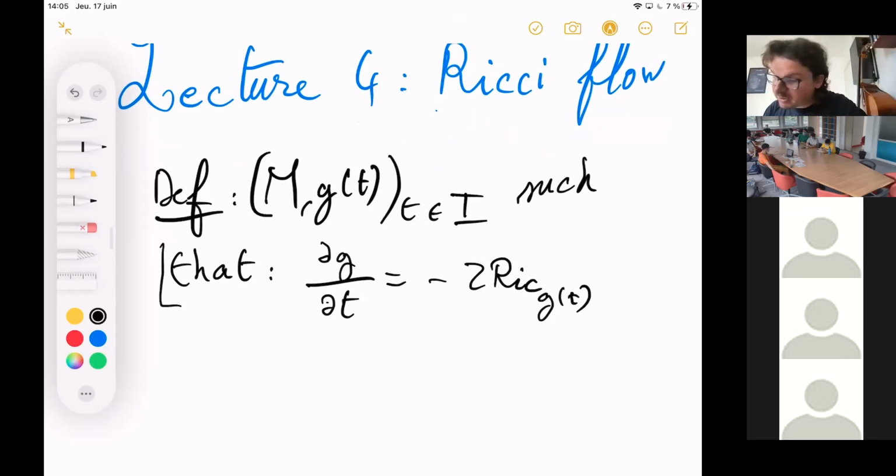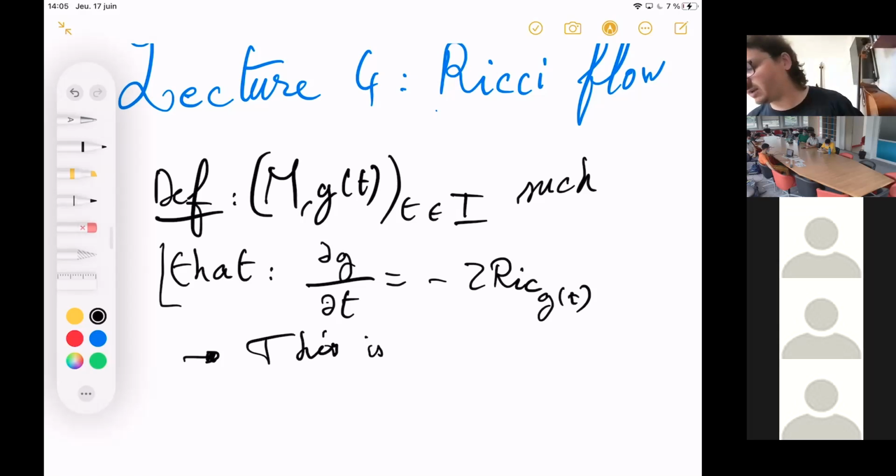The minus is actually very important because if you look, for instance, in a simple system of coordinates like harmonic coordinates or normal coordinates, the Ricci curvature in terms of the coefficients of the metric looks like minus a Laplacian in some sense. So you have to be careful.